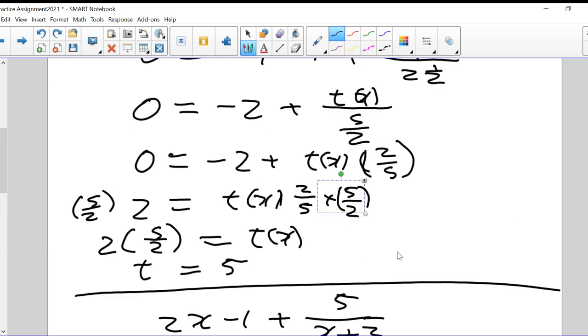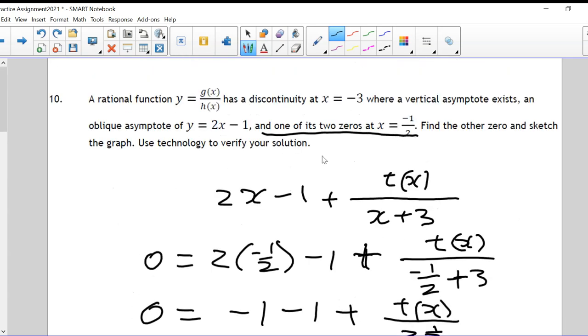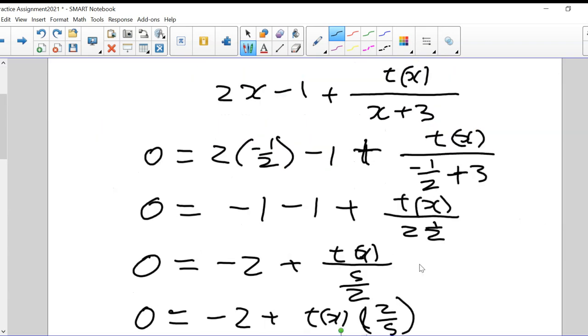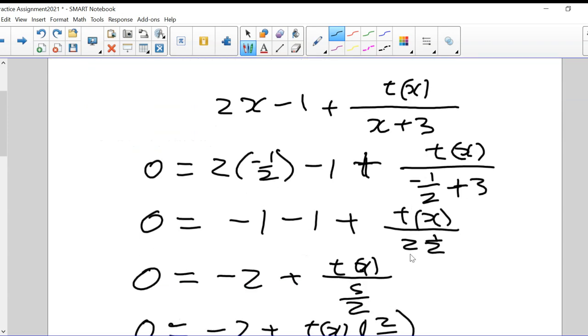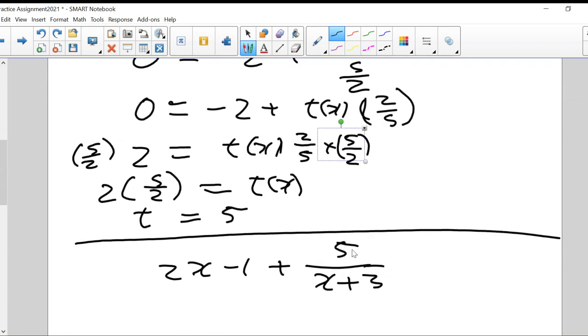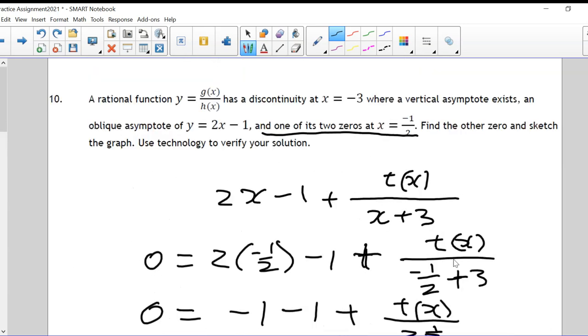This would seem to be the thing that would give us a vertical asymptote at x equals minus 3, very clearly, right? And also, it would give us this oblique asymptote at 2x minus 1, right? Because 2x minus 1 plus this thing over x plus 3 gives us this thing here. And we figured out that that was 5 because we had one of the zeros, and that 0 allows us to do this. Okay, so we have what looks like the beginning of the function.